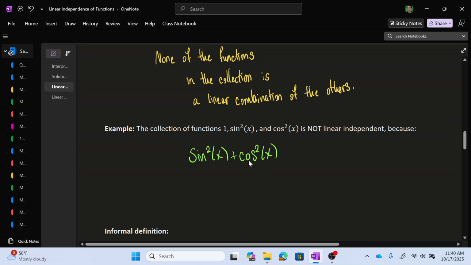But this linear combination of sine squared and cosine squared is equivalent to the third function in my collection, 1. So here I have obtained the first function of my collection via a linear combination of the other two, and that means that this collection of functions is not linearly independent.